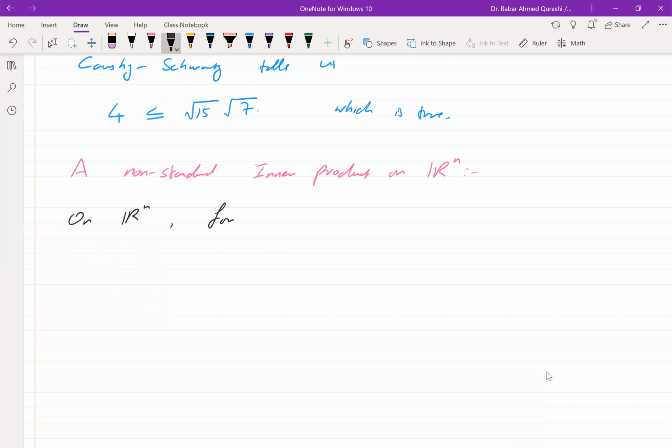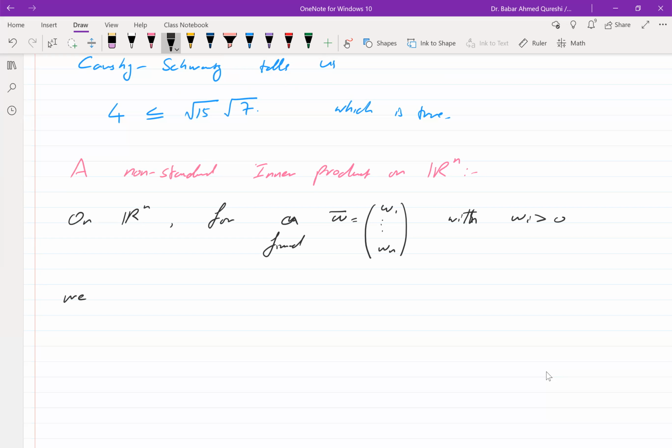So pick any fixed vector W, which is such that each entry is positive. Each component is positive. You're not picking any vector with any negative numbers in its components.